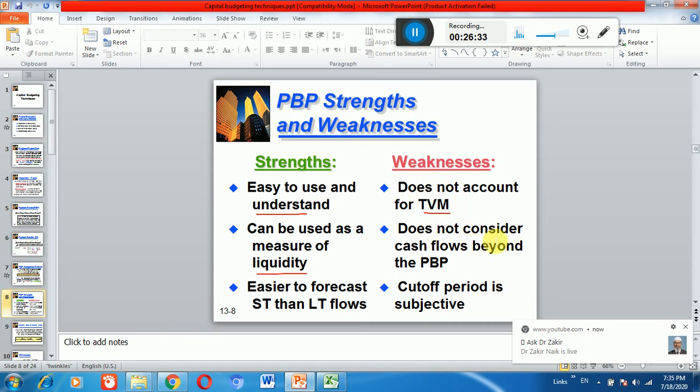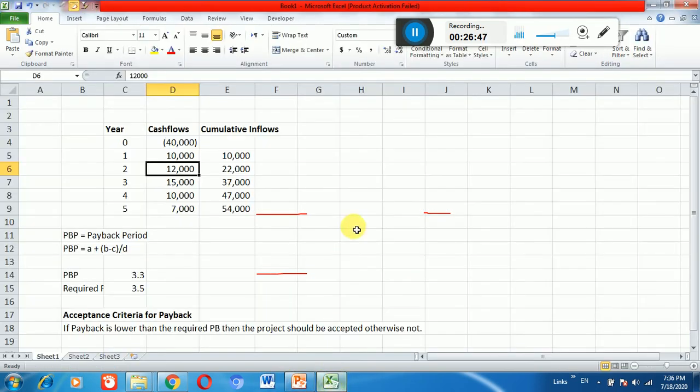The second weakness is that it does not consider future cash flows. As I have explained, with nearby cash flows you can determine how much the project will give you, but the cash flows in the future may not be considered. I'm just making it simple for you. You want to make an investment, and in this project we have $10,000 and $20,000, and then $15,000 and $40,000.